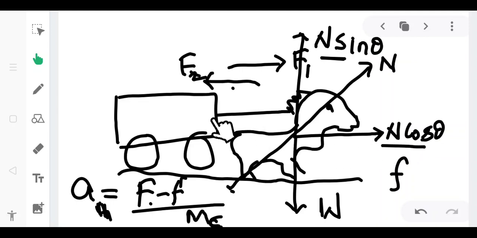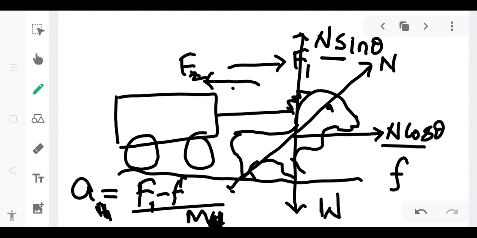Then F2 will be acting until the combination of F1 and n cos theta dominates this F2. So F1 minus F divided by Mh, the mass of the horse.